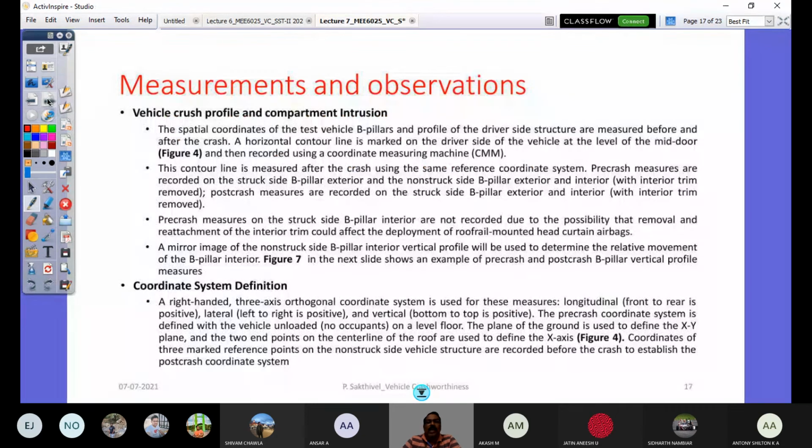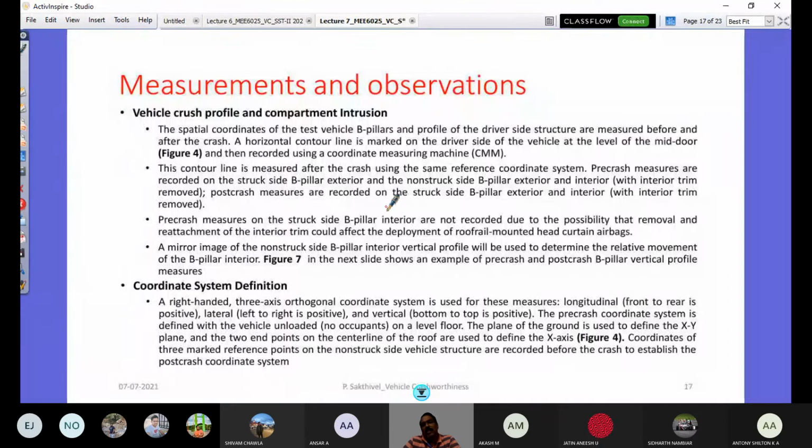Then vehicle crash profile and compartment intrusion. This is very important in the case of side impact, because you have a crumple zone in the front and a crumple zone in the rear, so they can take more energy, whereas in side impact there is no crumple zone; rather, the pillars' strength is what is there. They deform plastically, and there is unavoidable intrusion from this side.